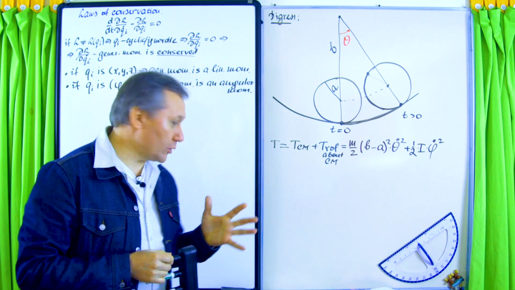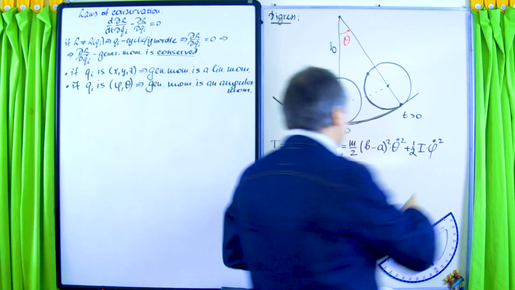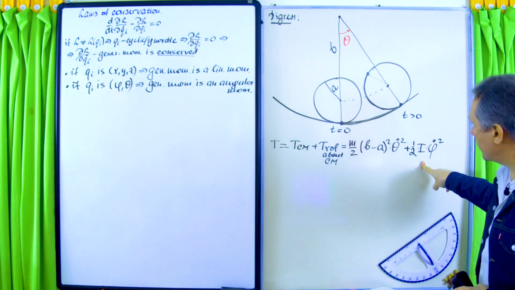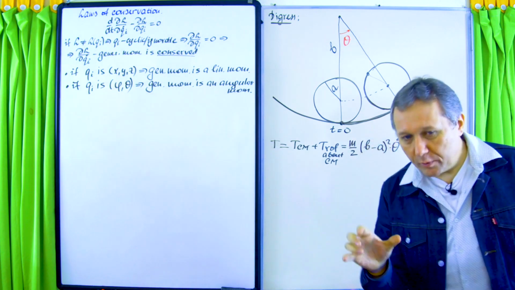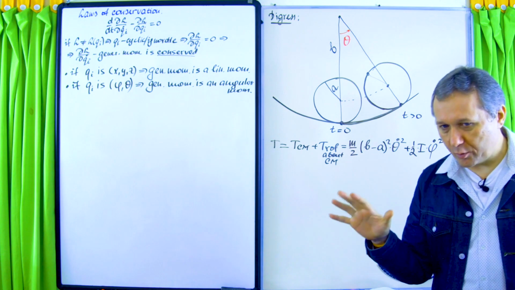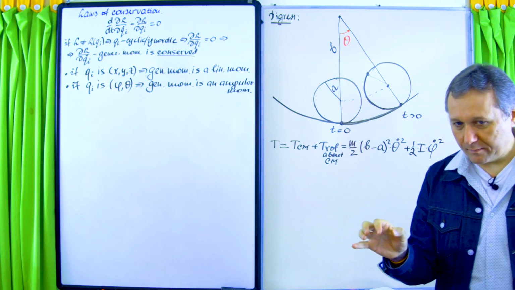Even before that, look, this is kinetic energy. If you look at the derivation of this rotational kinetic energy, it's the kinetic energy of pure rotational motion about the center of mass. Nothing else should be there, only rotational motion about the center of mass.